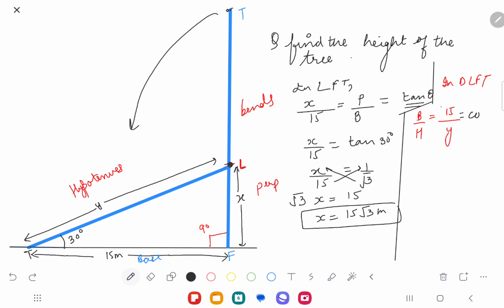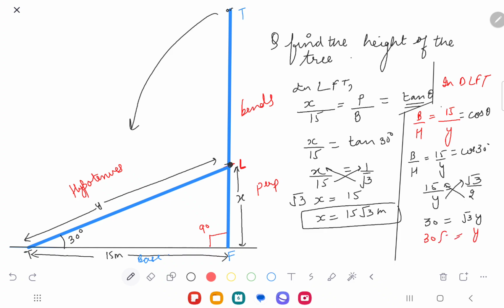Cos theta. So base over hypotenuse, 15 over y, shall be cos 30 degrees. Cos 30 degrees would be root 3 over 2. Again crisscross, so you get 30 equals root 3 y. So y shall be 30 over root 3.